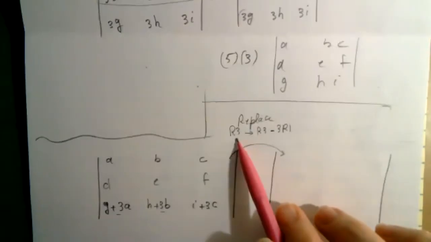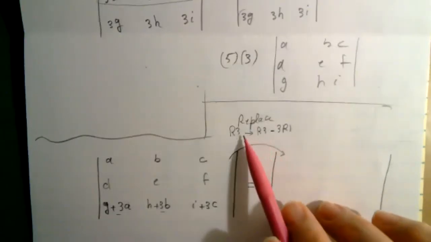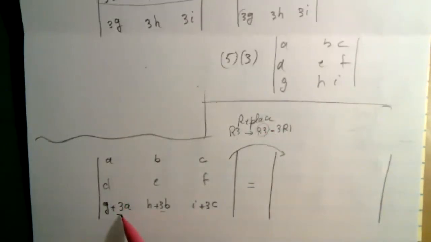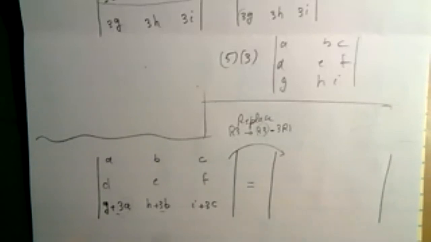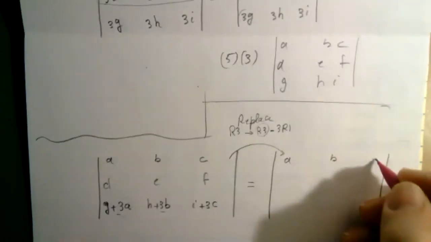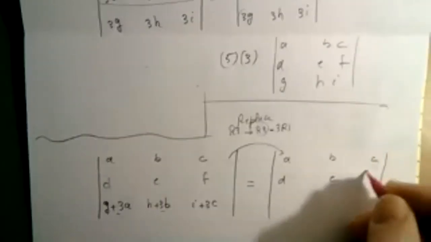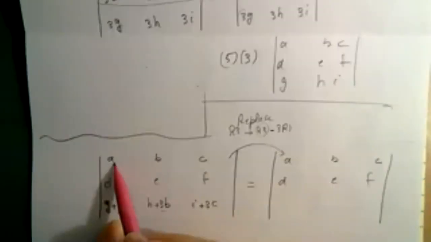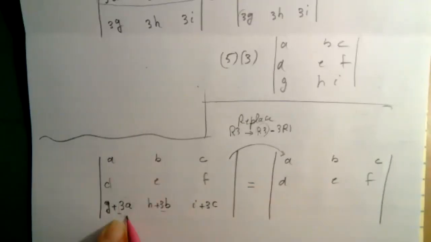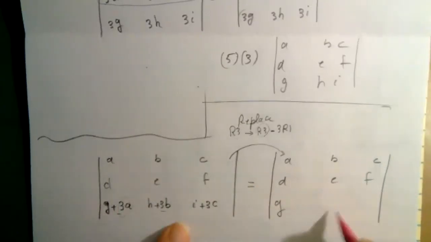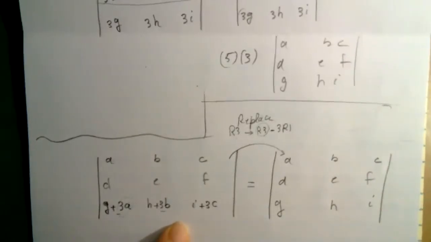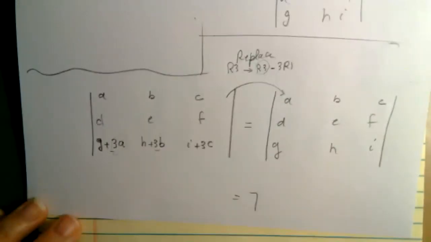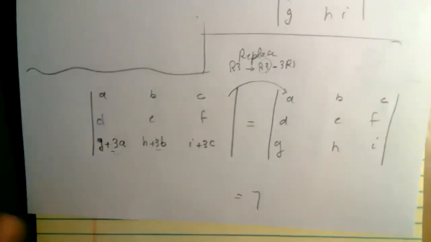This operation does not change the determinant. Basically, I'm getting rid of the effect of the 3A's. So what do I get? A, B, C, D, E, F. I'm going to replace this one by the sum of itself minus this, meaning minus 3A plus 3A. So I'm going to get G, H, I. This operation does not change, it's going to be equal to 7. My last question is the following.